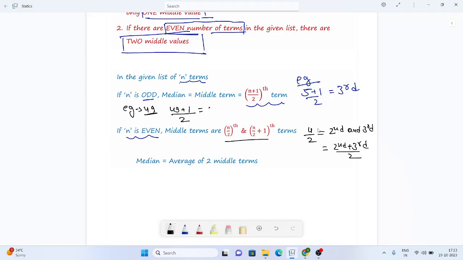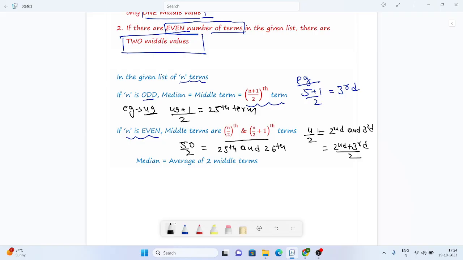It is (49 plus 1) by 2, which is the 25th term. Let's say if the number of terms is 50, so what is the middle term? Here the 25th and 26th terms are the middle terms, and if you take the average of these two, you get the median. Okay, did you get this?